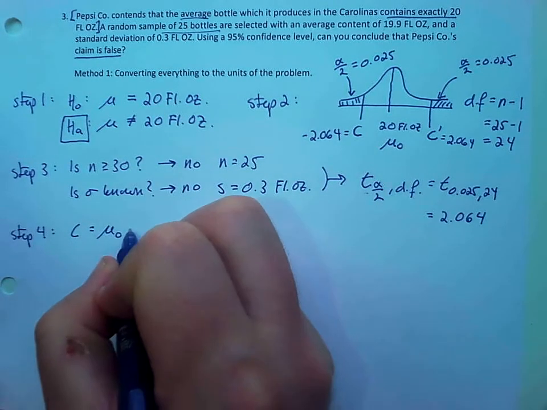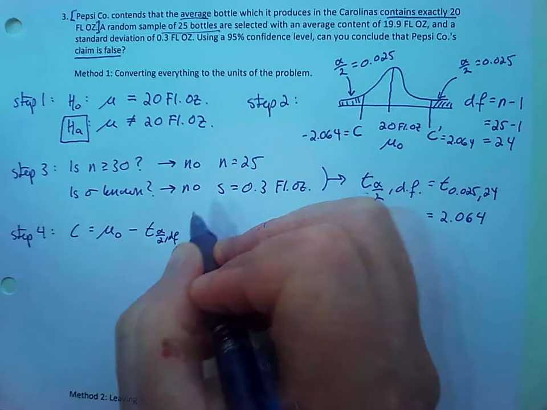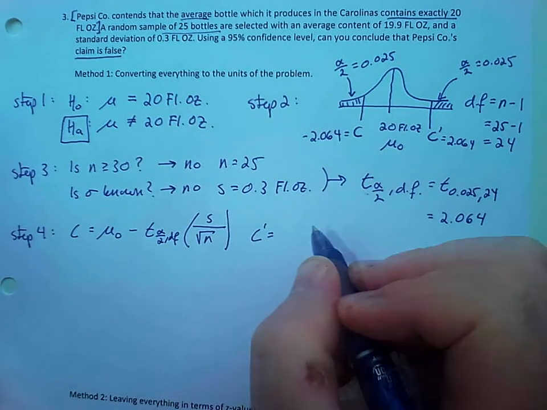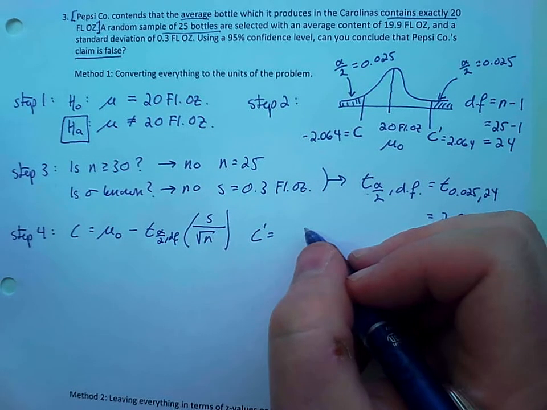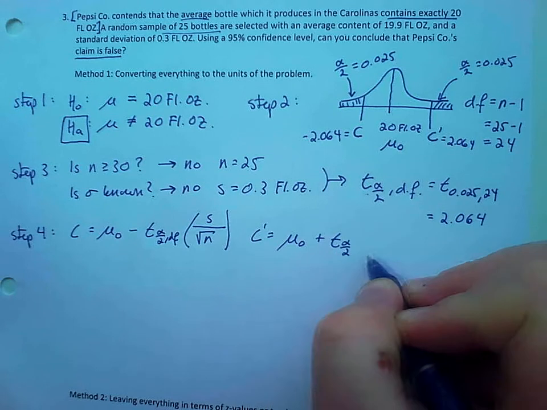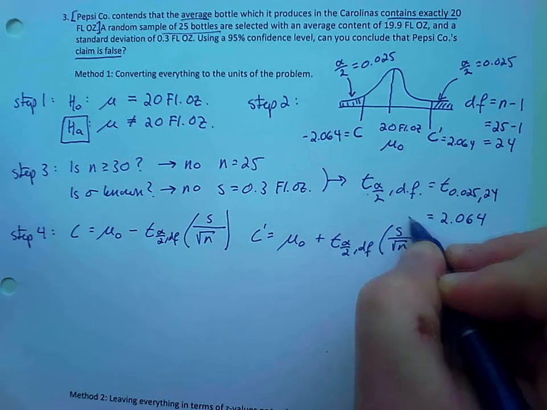So therefore, we're going to have mu naught minus T sub alpha divided by 2 with a certain number of degrees of freedom times S divided by the square root of n. And for our right-hand side critical value, C prime, we're going to have mu naught plus T sub alpha divided by 2 with a certain number of degrees of freedom times S divided by the square root of n.